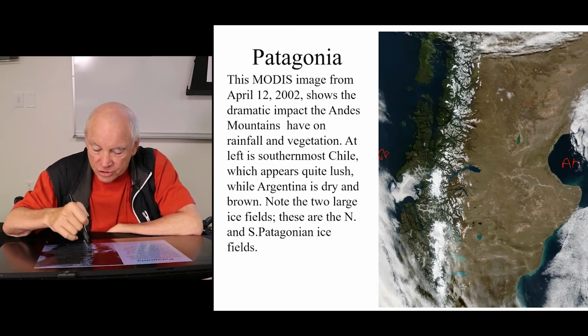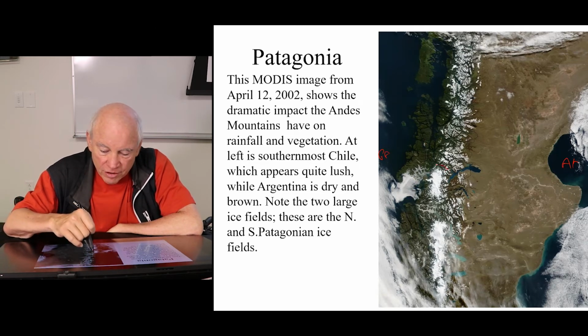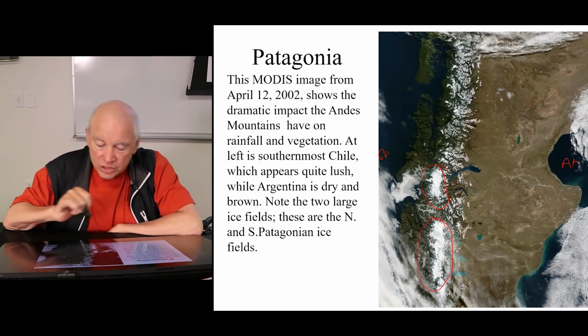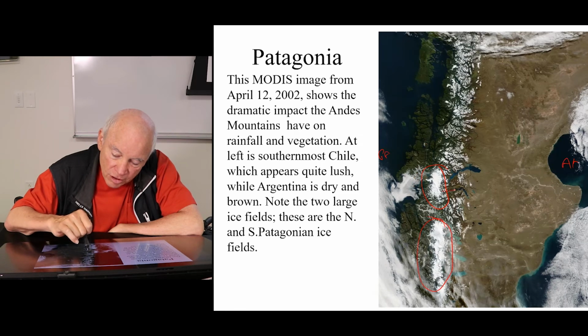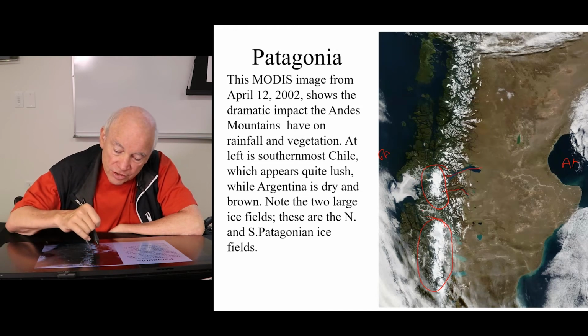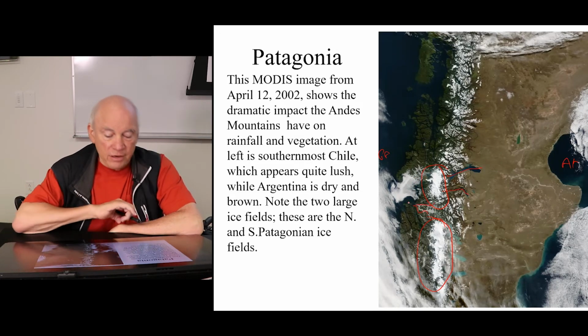And then here you see two big ice fields. One of them is the northern Patagonian ice field. The other one is the southern Patagonian ice field. And you can see these lakes marking where the old glaciers used to go. Beautiful. You can see these glaciers going down towards the sea over here.